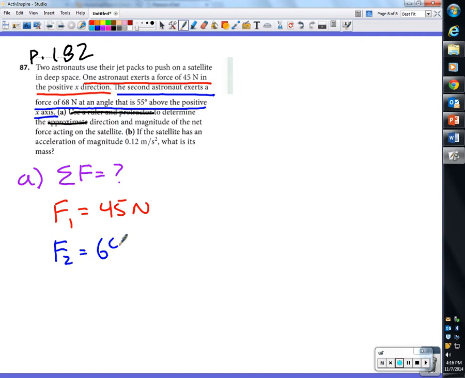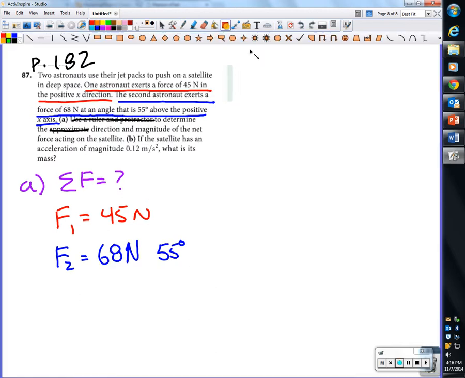So I'm going to give 68 newtons and 55 degrees. All right, to find the net force, right? Finding the resultant vector.